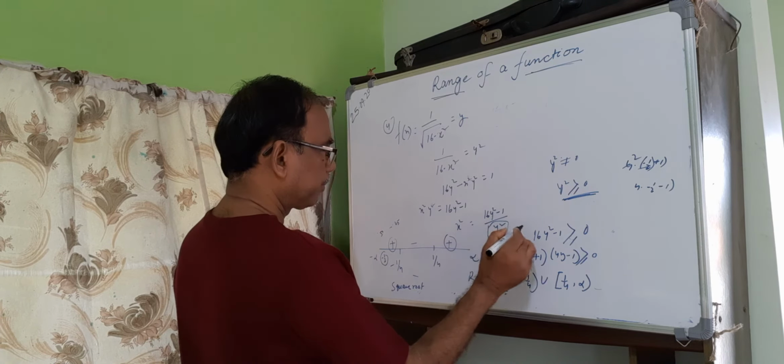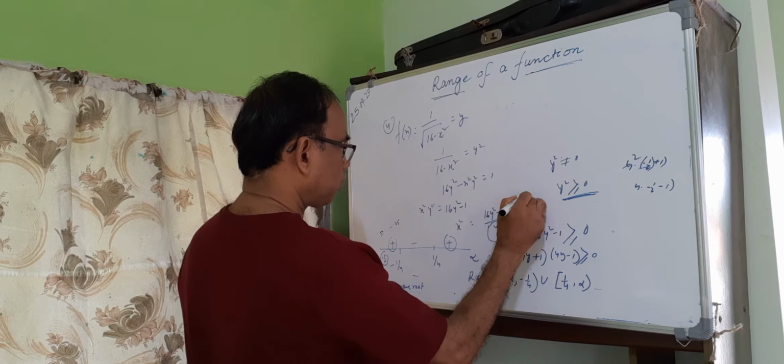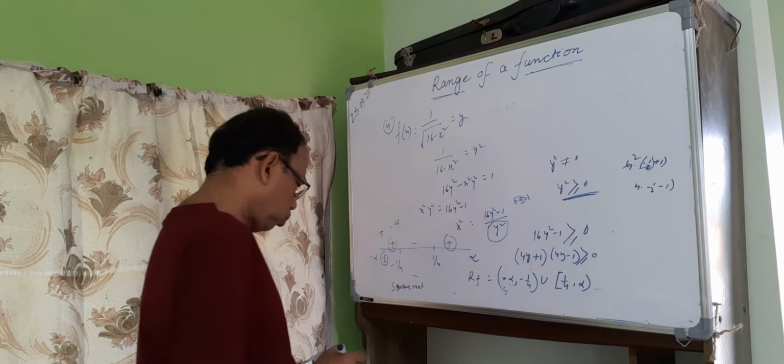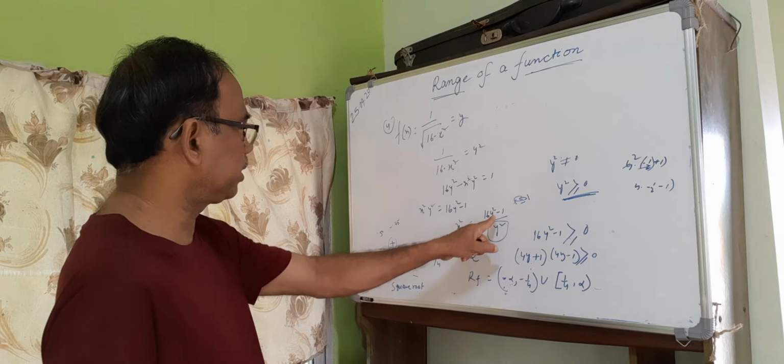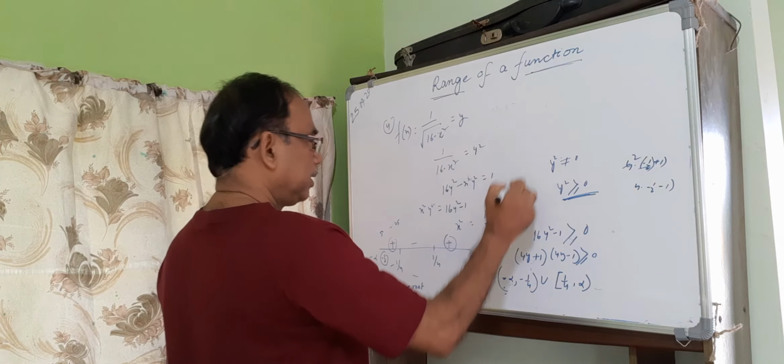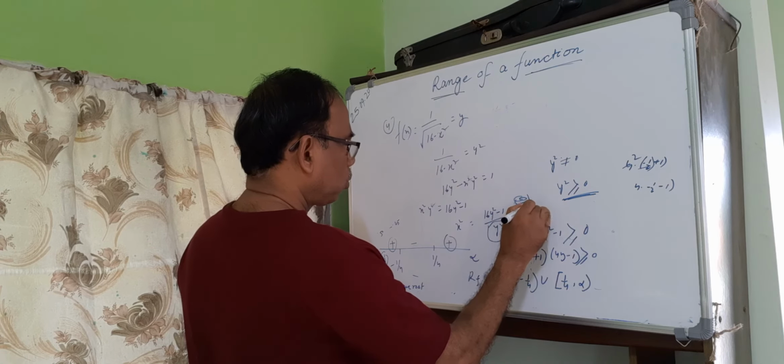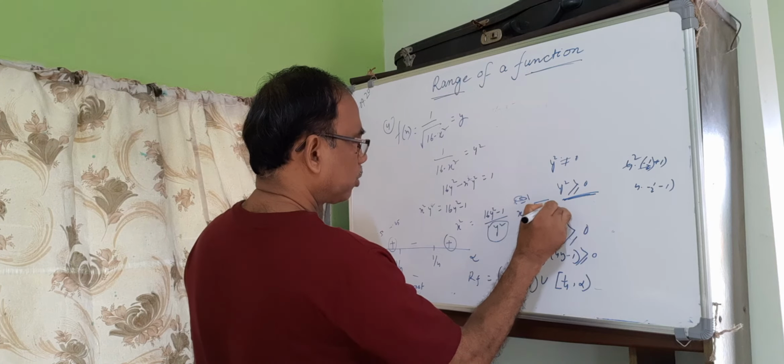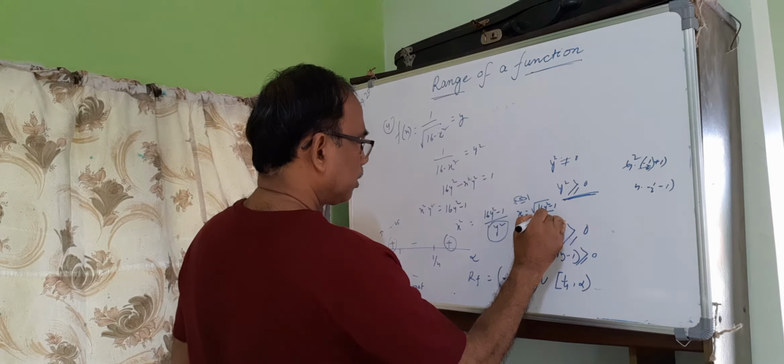So x equals, you have to write the square root function, x square is this, so x equals square root of 16 y square minus 1 by y.